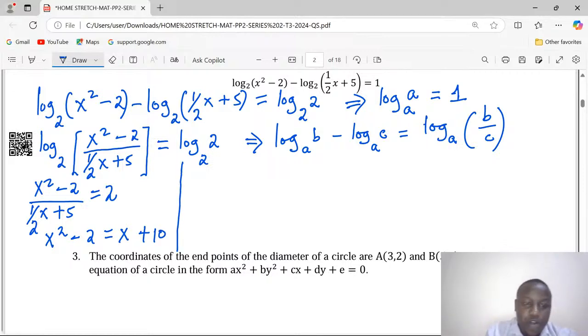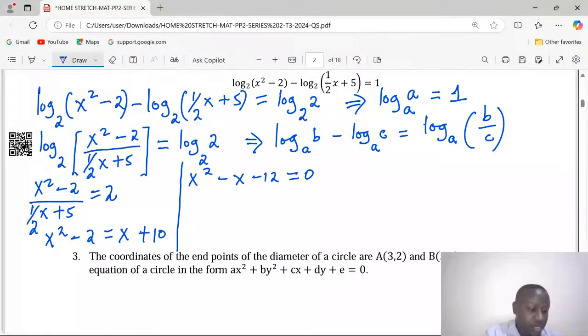This is a quadratic equation whereby we can say x squared minus x. We have negative 2, and we also bring 10, which becomes negative, so it will be negative 12 equals 0. Now we can solve it using the factorization method or any other method of solving quadratic equations.